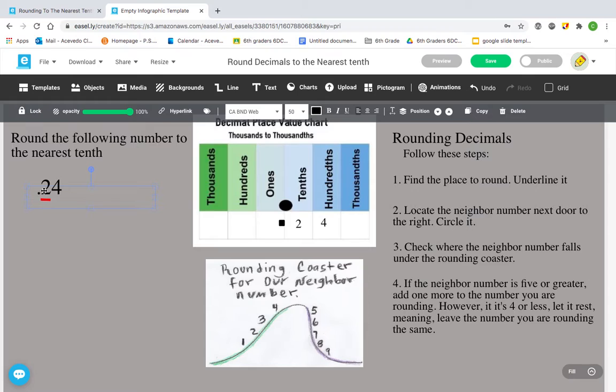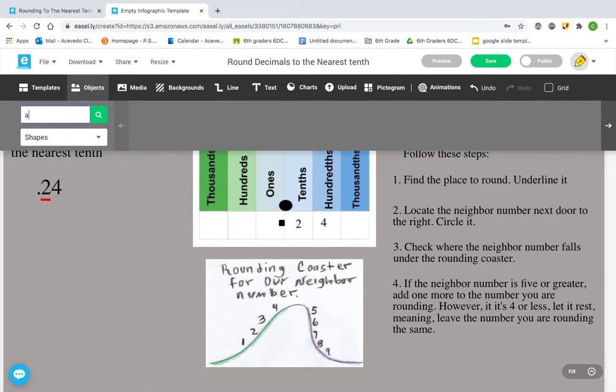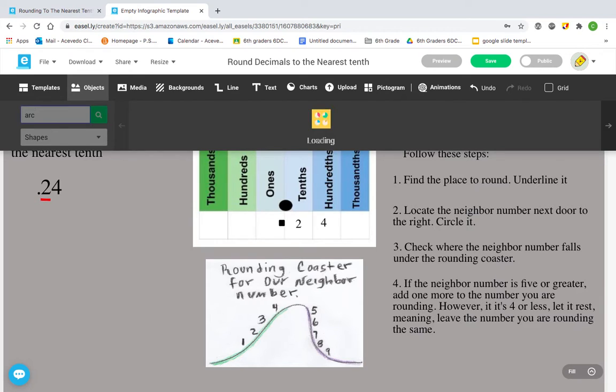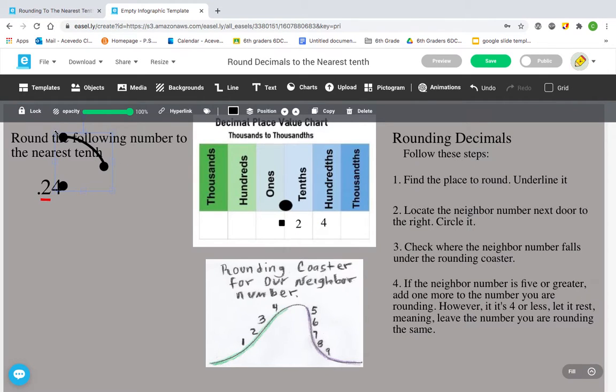So I have my number 2, which falls under the tenths place value, and I look at the neighbor number, which is the number right after the 2 on the right, and I see that it's the 4. Now I need to circle that number 4.